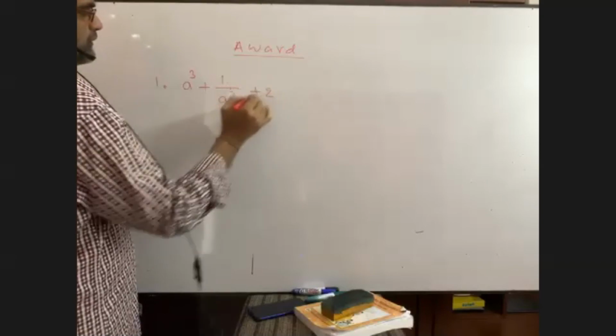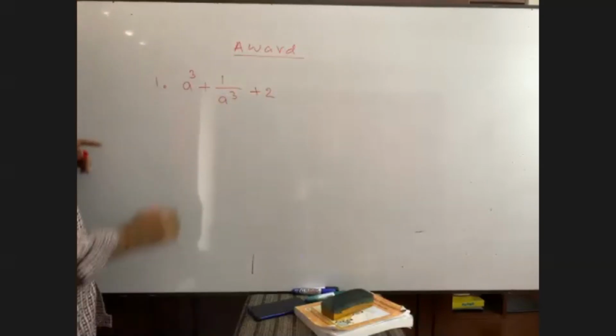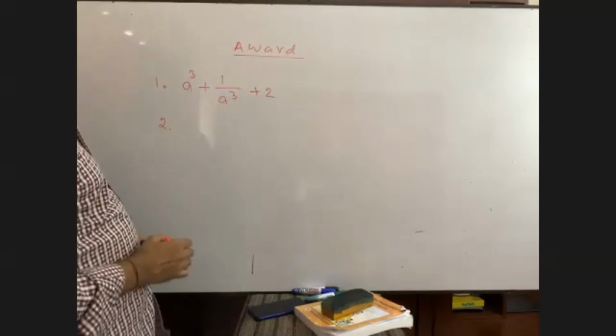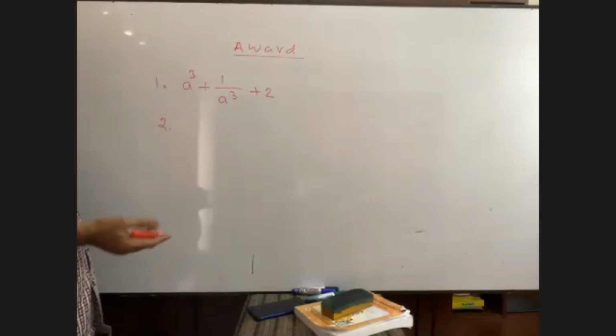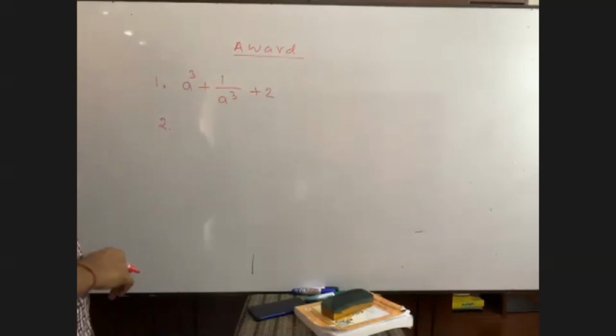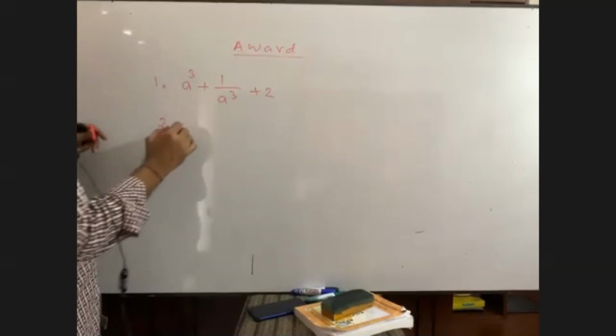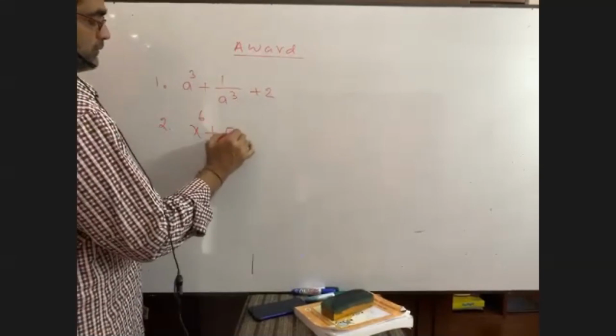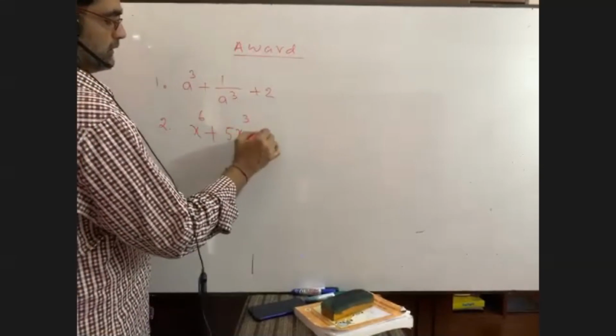You have to factorize. So what is this award, sir? Award means you will be awarded if you can resolve into factors. Okay, sir. Number 1 and number 2, x to the power 6, 5x cube plus 8.